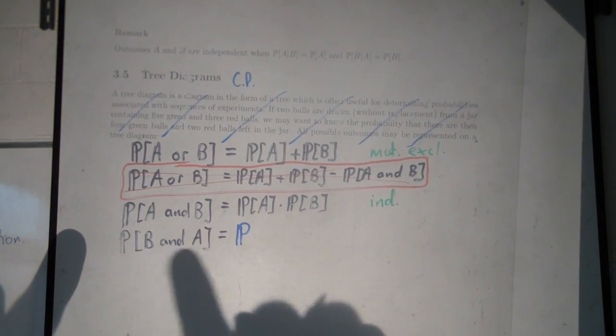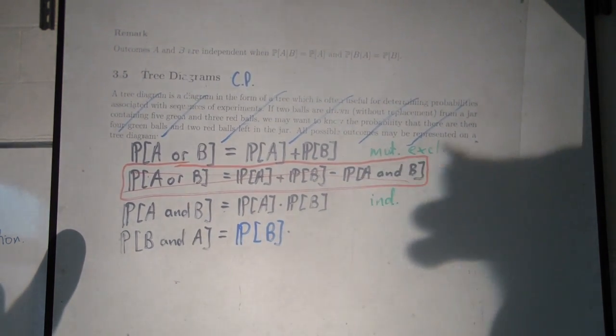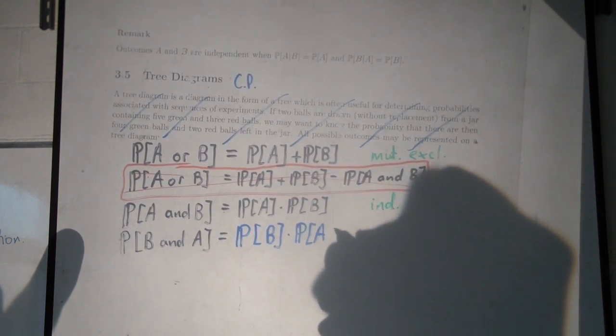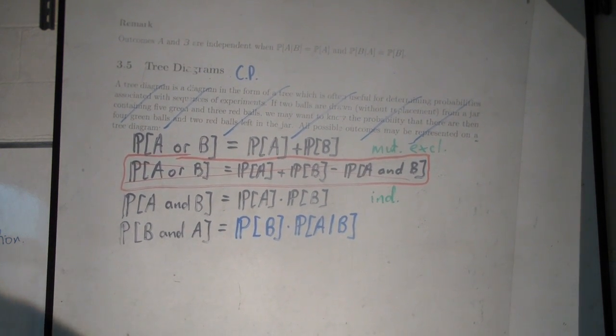So this here, probability of B and A, well, that'll be the probability of B times the probability of A, given that you know B is true. I can't necessarily convince you of that, apart from maybe just doing an example here.